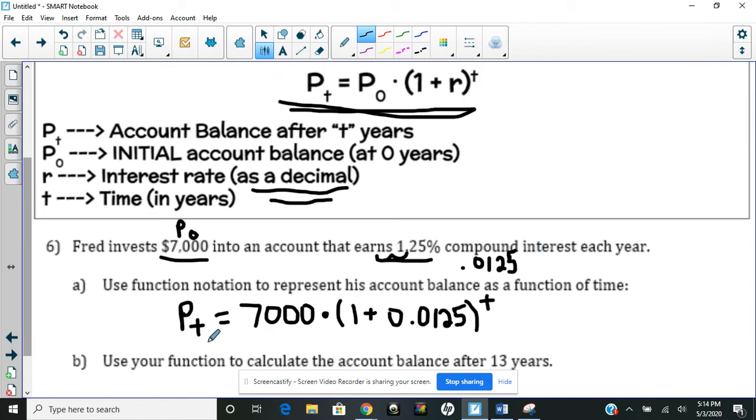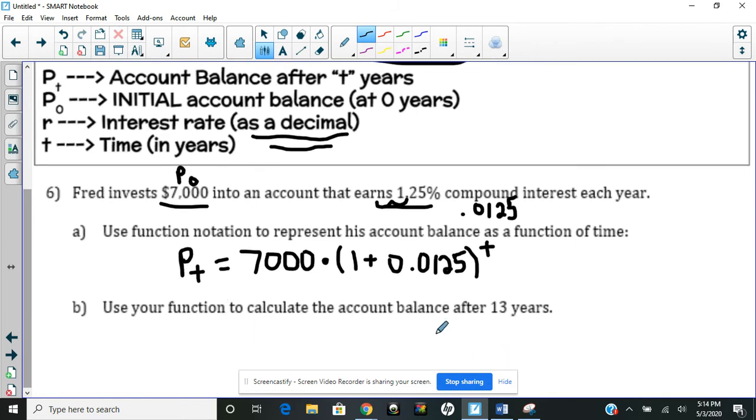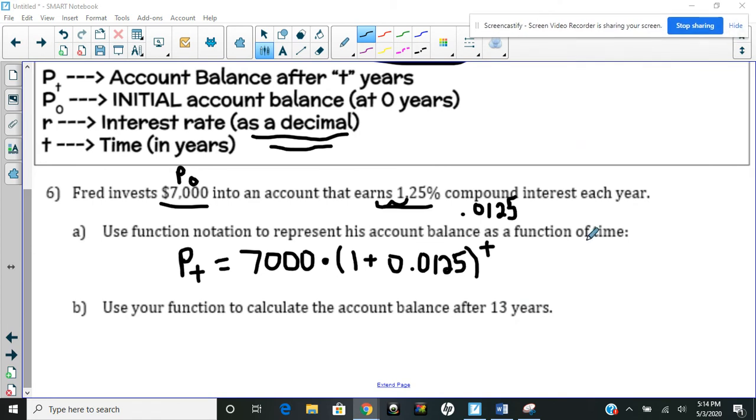Okay. Now we're going to do what we did in the first video. We're going to take that 13 and put it in for our t, once the page extends.